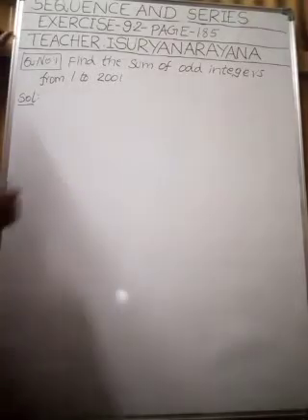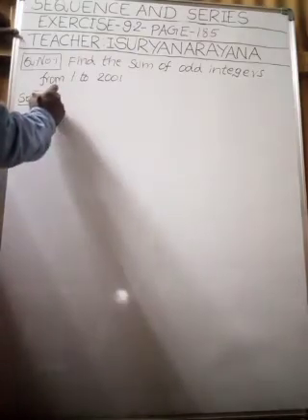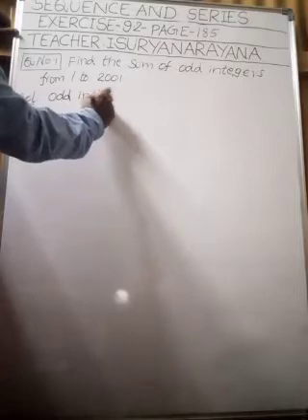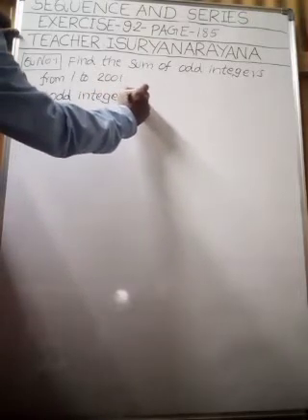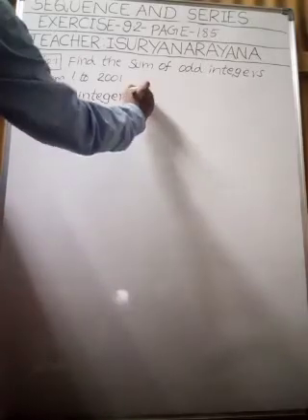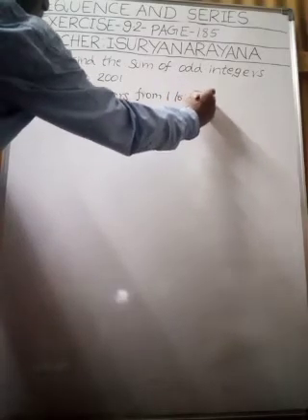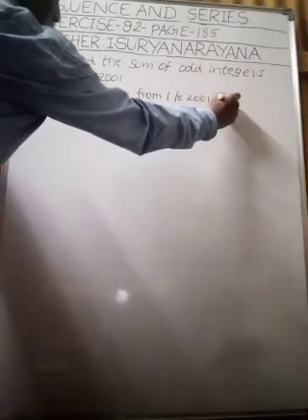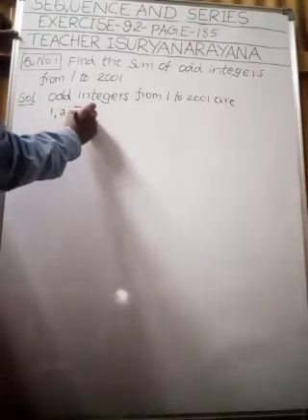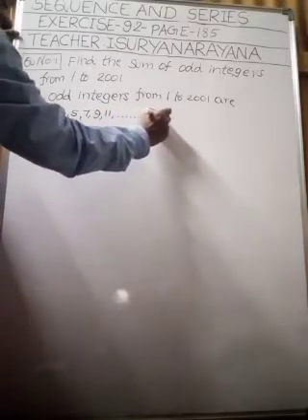So let us write the odd integers from 1 to 2001: 1, 3, 5, 7, 9, 11, and so on.